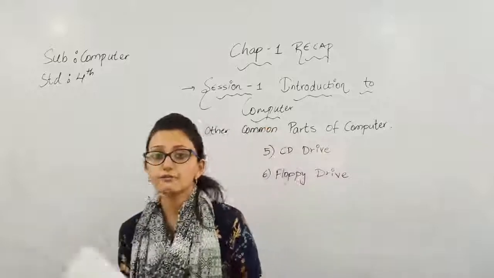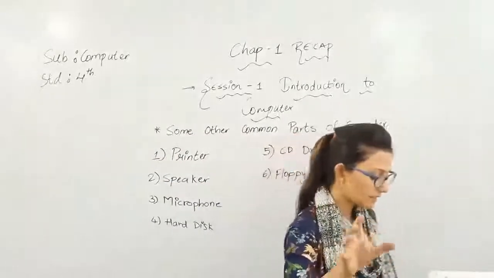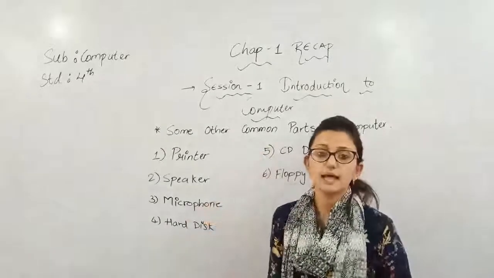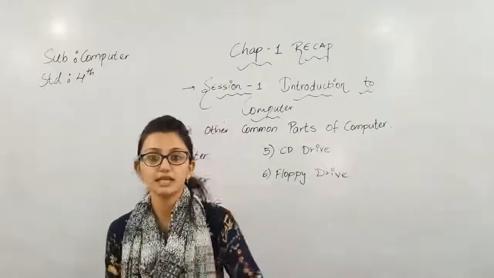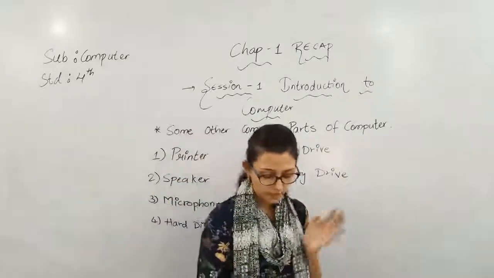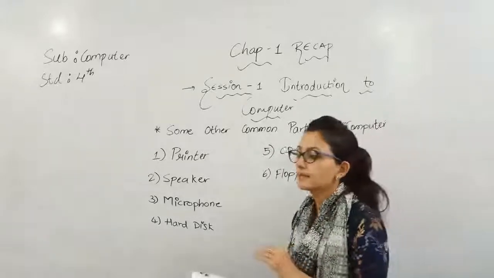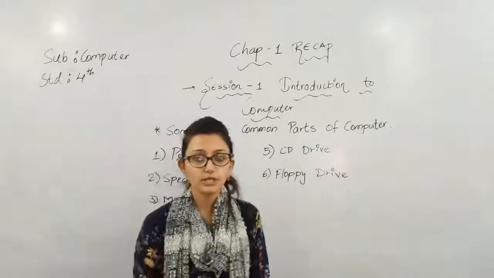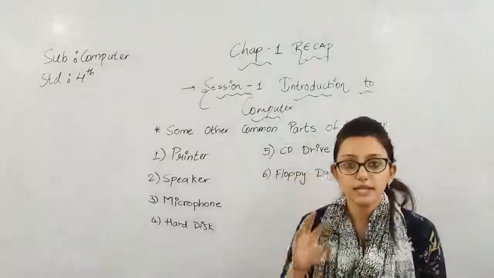Next one is the floppy drive. A hard drive has additional drives like E drive, F drive, G drive, D drive, etc. to store particular work as assigned. That means the work assigned to particular drives is stored in the particular place.